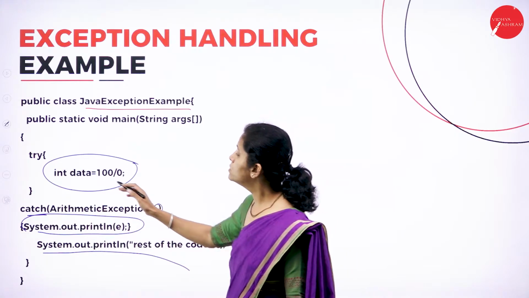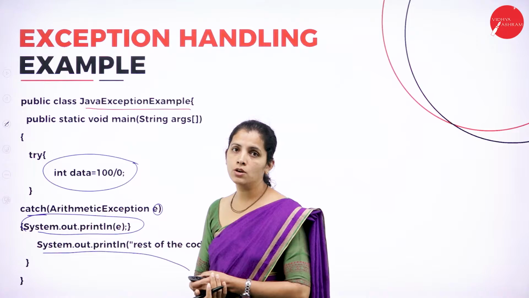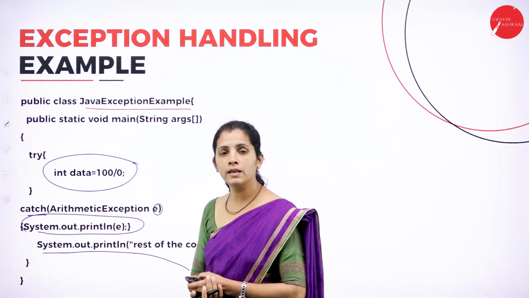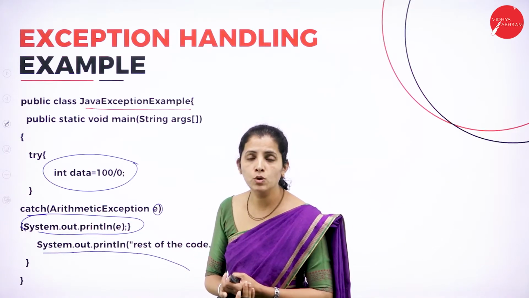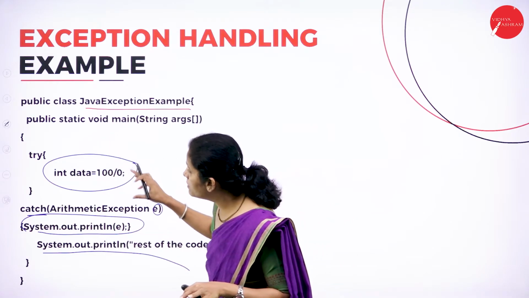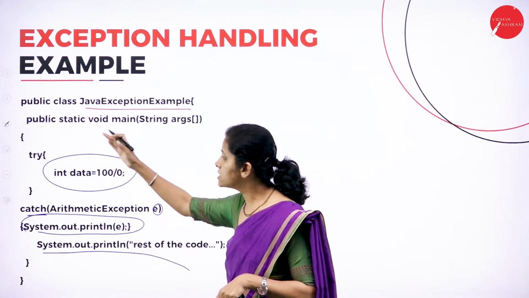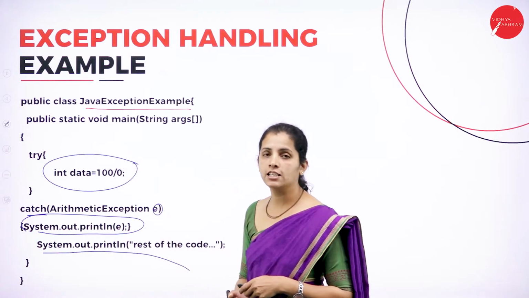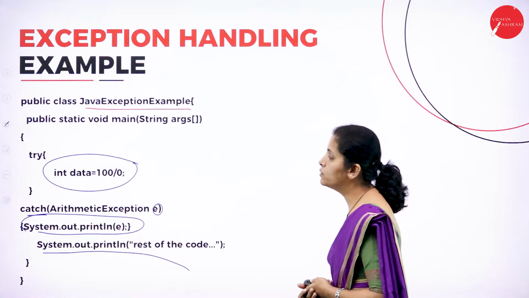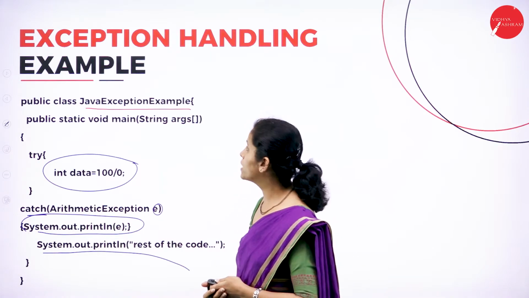See here, if I divide any number by 0, I'm going to get the error message because I cannot divide any number by 0. So this is the example for arithmetic exception and this can be handled by the catch block. This is the way I can make use of try and catch block in my program.